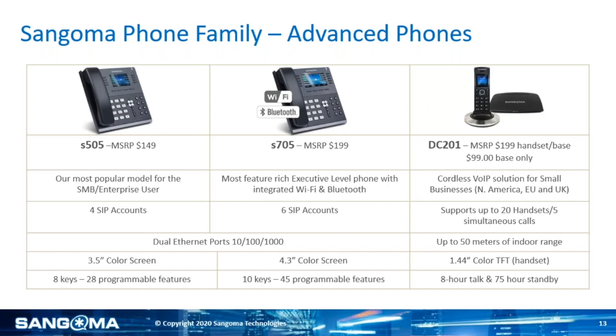So I'm able to have a desk phone at my desk, as opposed to using a soft phone like Zulu or something else. And the other option would be I could go with the DC201, which is our deck phone. You can get about 50 meters from this base station right here, indoors, up to 100 meters outdoors.